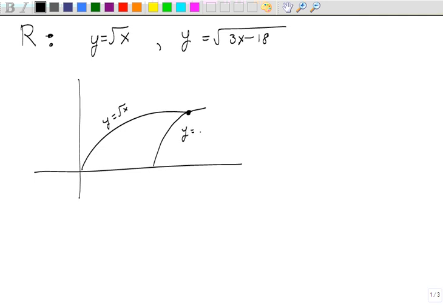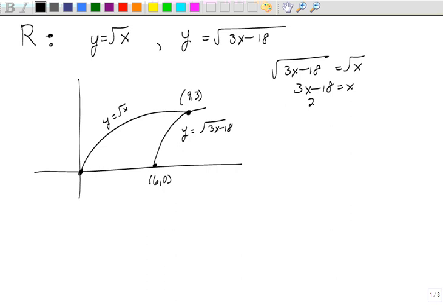This is y equals square root of 3x minus 18. This is 6, 0. They intersect at 9, 3. We set them equal. x is 9. So 9, 3 is our point of intersection.